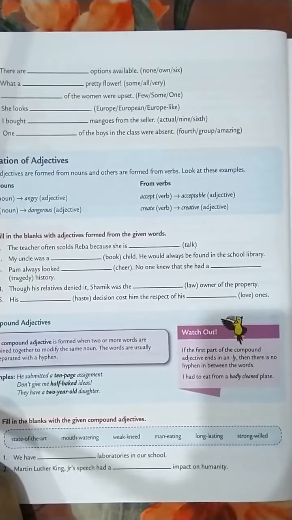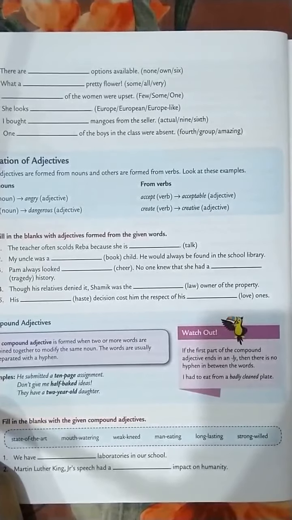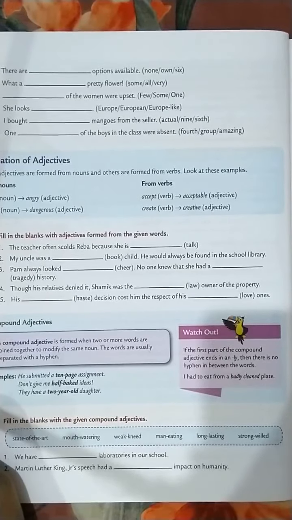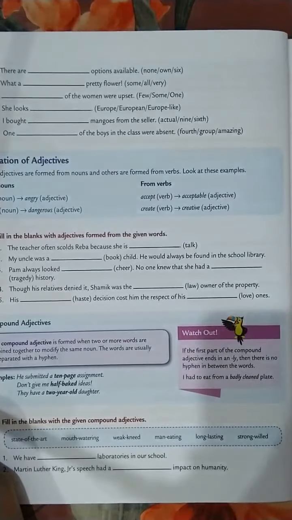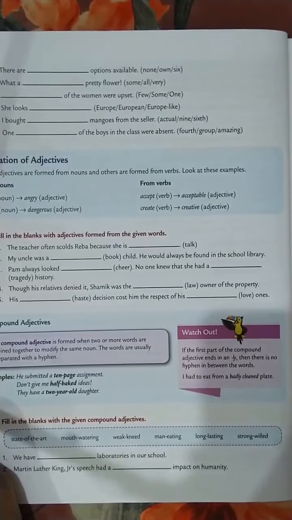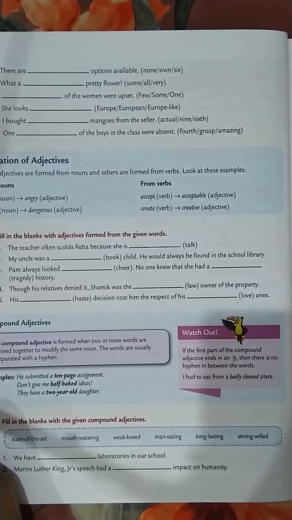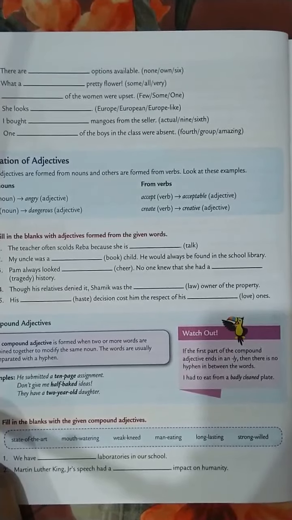Now students, some compound adjectives end in ly, and then there won't be any hyphen between the words. So do keep in mind that when a compound ends in ly, there will not be any hyphen between the words.